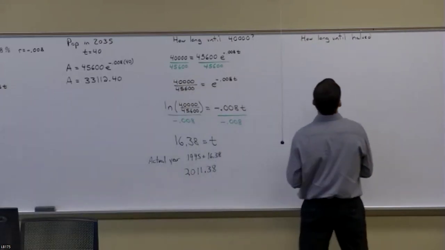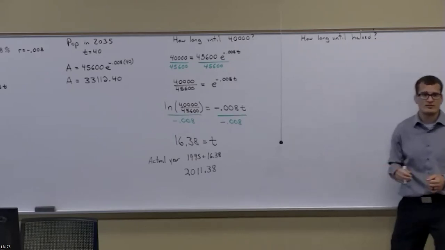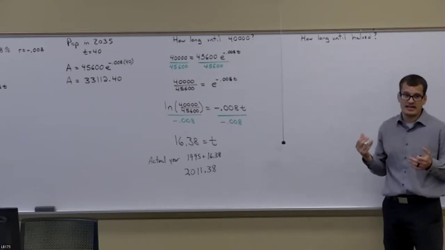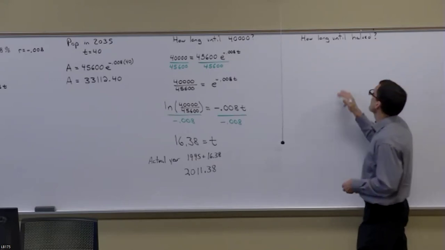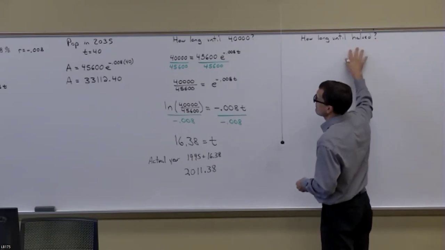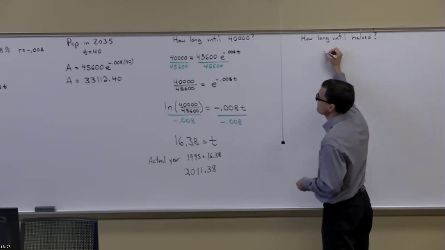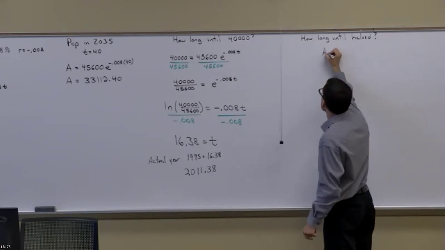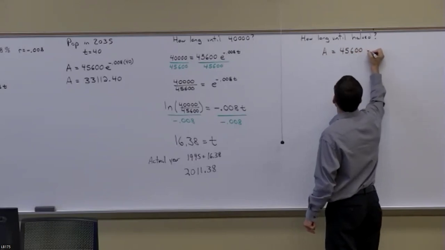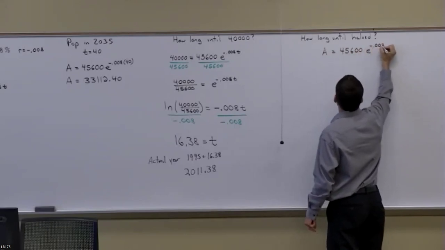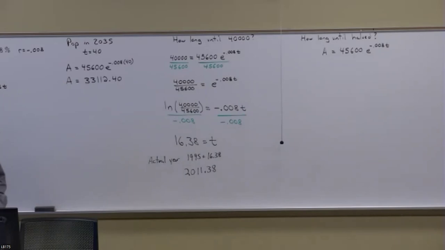Now, with the last question, how long until the population either was halved or is halved or will be halved? We don't know if it'll be past today's date or before today's date. So how long until the population gets cut in half? Well, there's a couple of different ways to do this. We have this formula. That's the equation.